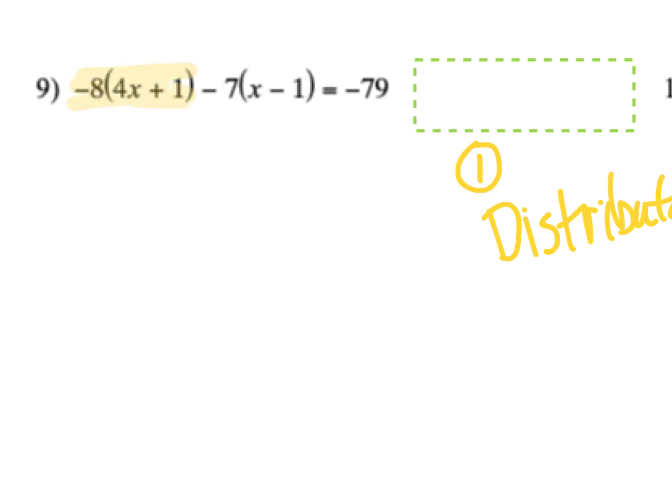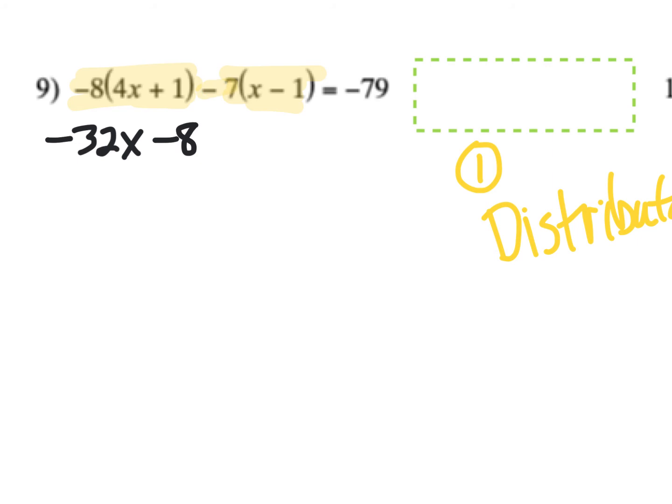So here we actually have 2 places that we're going to do distributive property this time, not just one. So I'm going to take -8, multiply it by +4. That gets me -32, and there is an x there. Then -8 times 1 gets me a -8 because a negative times a positive is a negative.